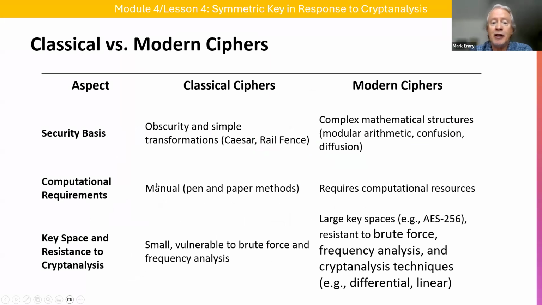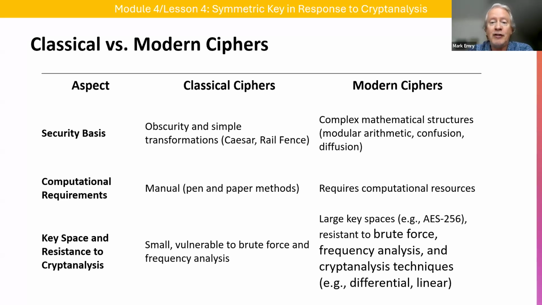Classical and modern ciphers differ significantly in their design, strength, and application. So let's look at these differences to help us understand the inception of modern cryptography. If we look at the aspect of security and algorithms, classical ciphers rely on obscurity and simple transformations, like the Caesar cipher.